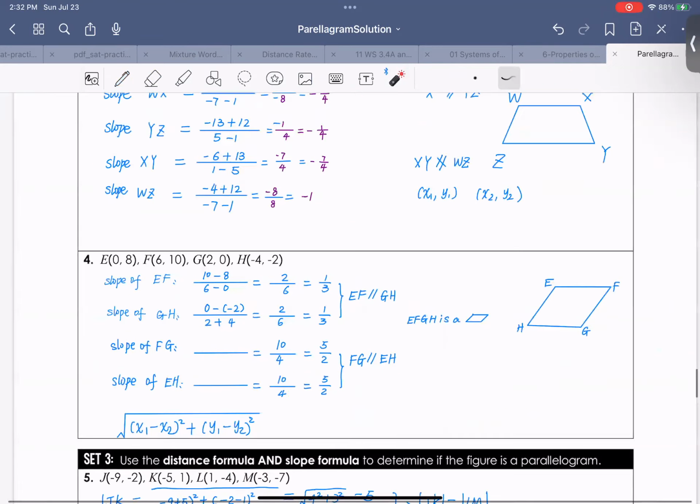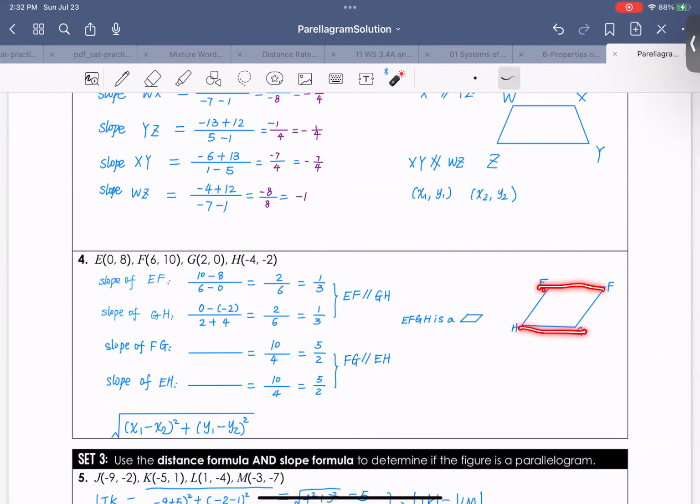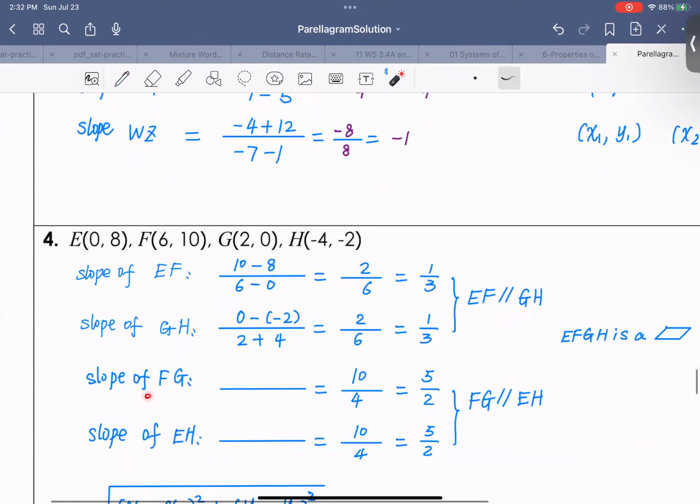So we got this pair parallel. We know this slope equal, so they are parallel. Now let's get the FG and the EH. Go ahead. First is FG. It's 10 minus 0 divided by 6 minus 2, which is 10/4, which is 5/2. Excellent.